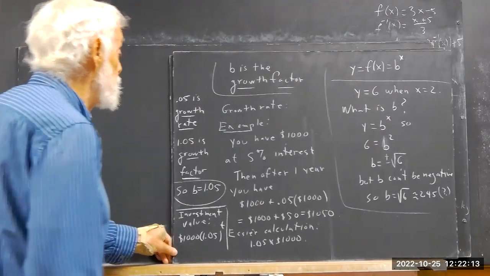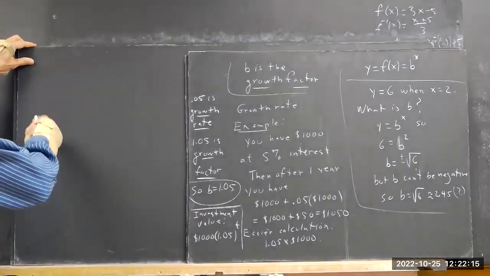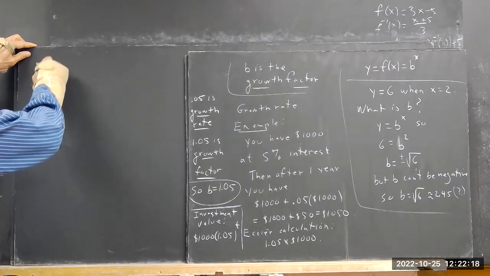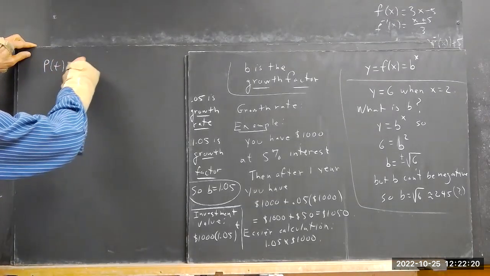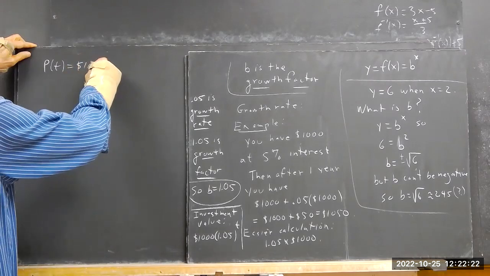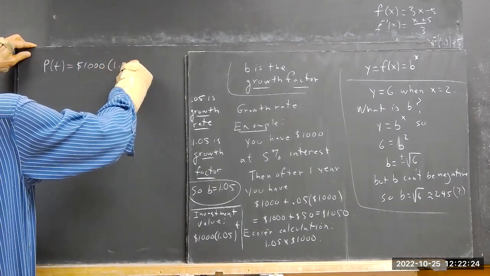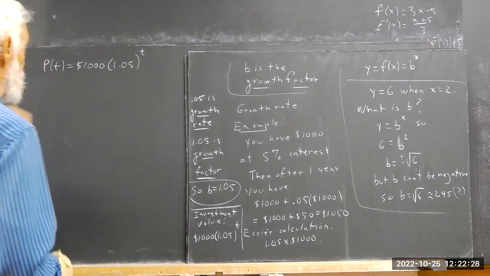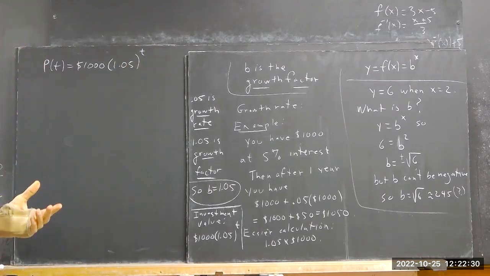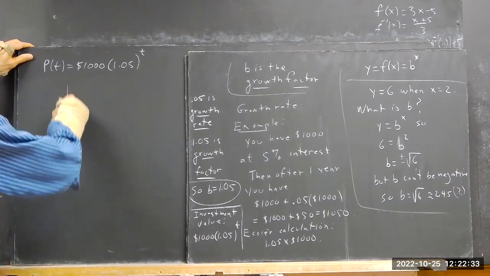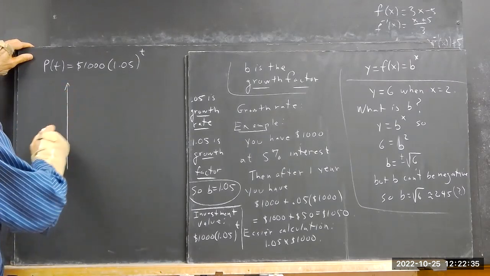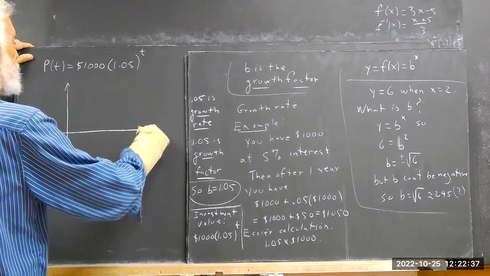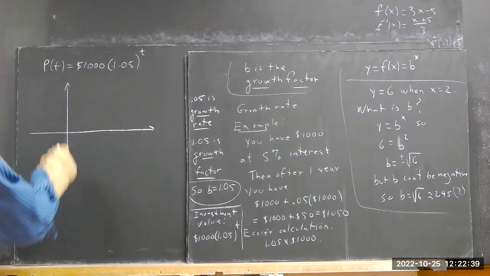Small boards. Use this. Okay, so let's just look at this. Let's say we've got P of t equals $1,000 times 1.05 to the t. Make a graph of this.